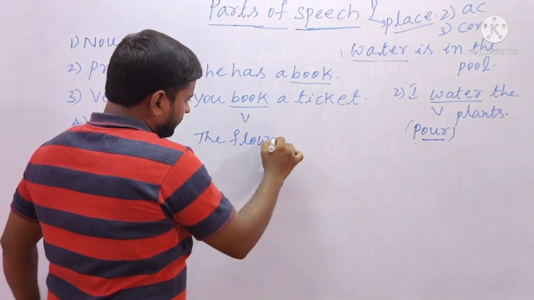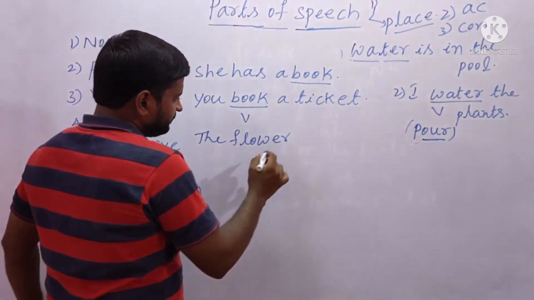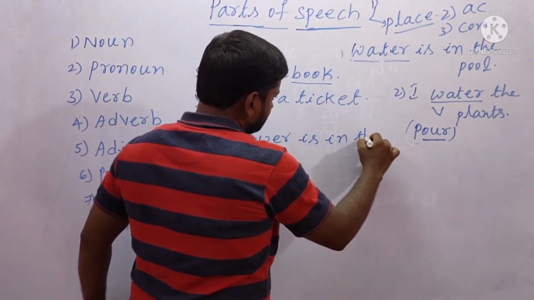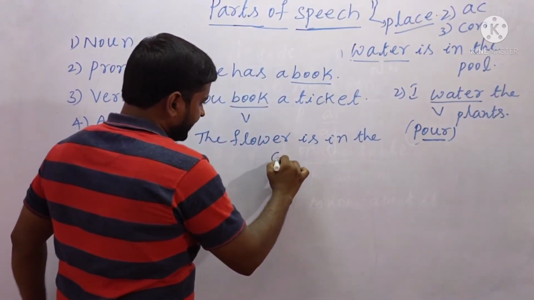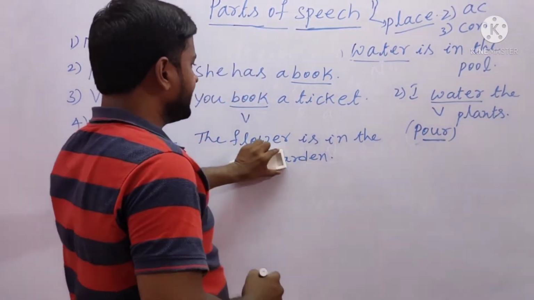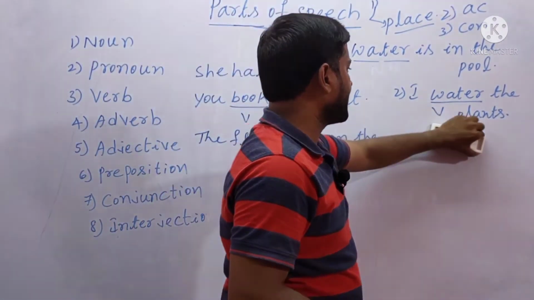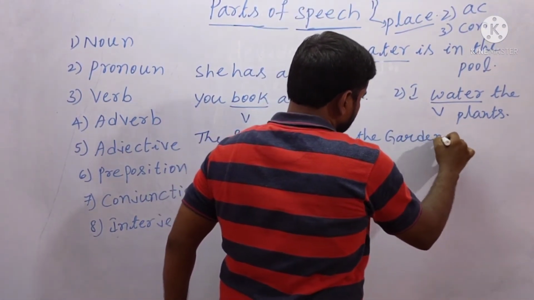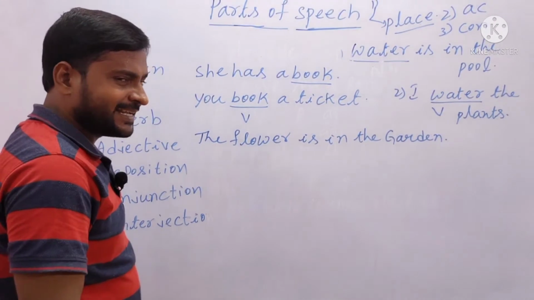The flower is in the garden. As you see the example, the flower is in the garden.